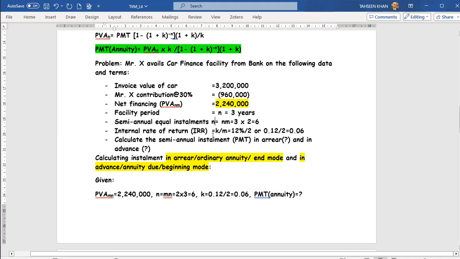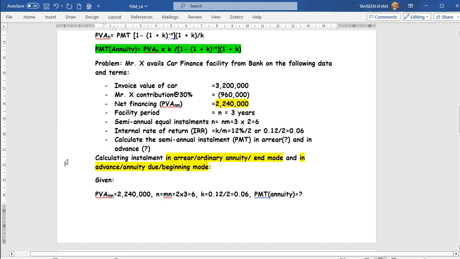Internal rate of return, that is K. If the payments are periodic, K will be divided by M. Here K is equal to 12% and M is equal to 2 because the payments are semi-annual. It comes to 0.06.